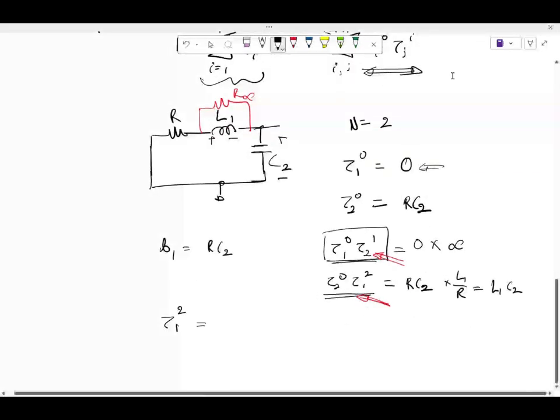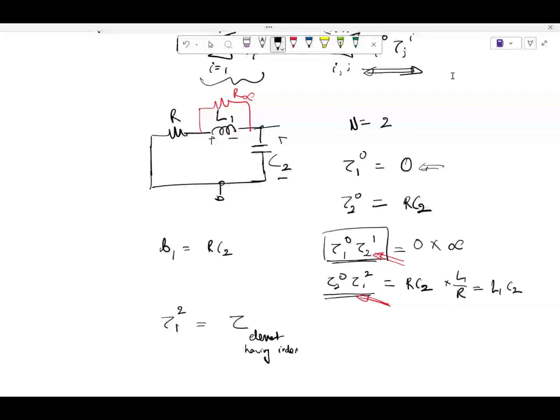It means that I am interested in the element having index 1, while the element having index 2 is set to infinite, and all other elements are 0. We do not have all other elements here, but if we did, they would be 0.